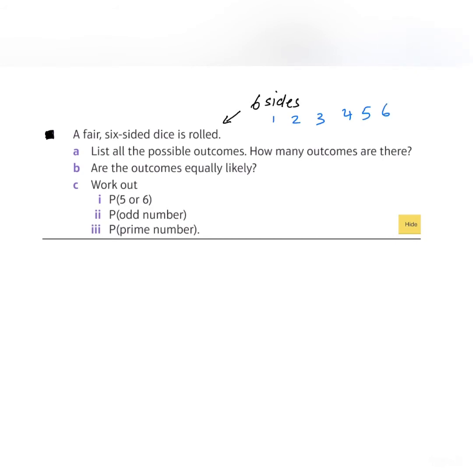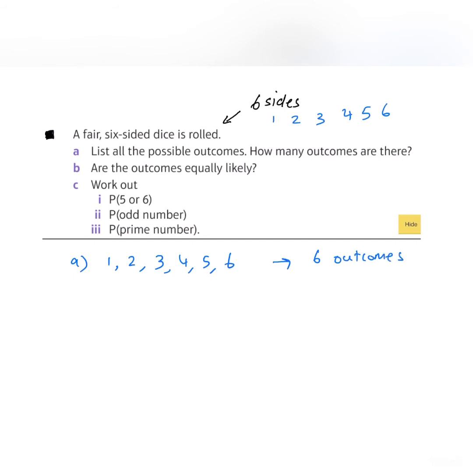So the possible outcomes are 1, 2, 3, 4, 5 and 6, and we can write that down. How many outcomes are there altogether? There are 6 outcomes.